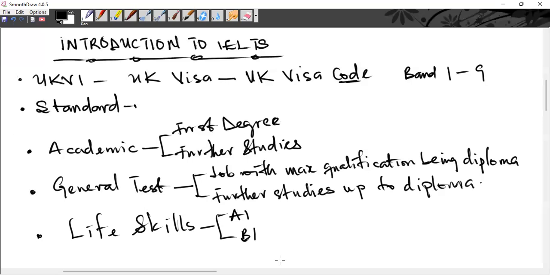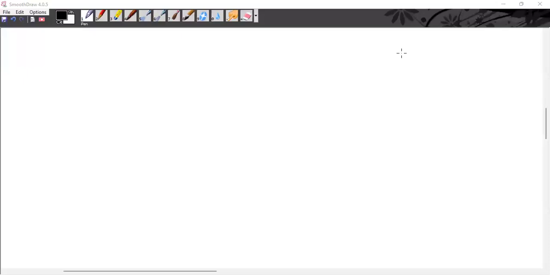Good. Now, we are going to look at the structure of the tests. Now that we know the whole test, let us see what the content of the test is about.